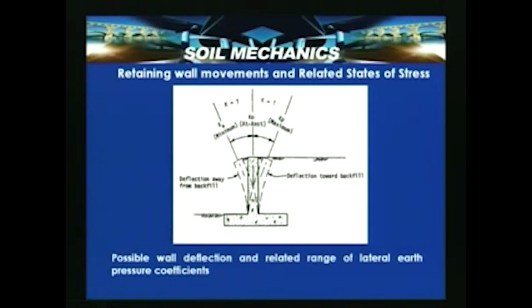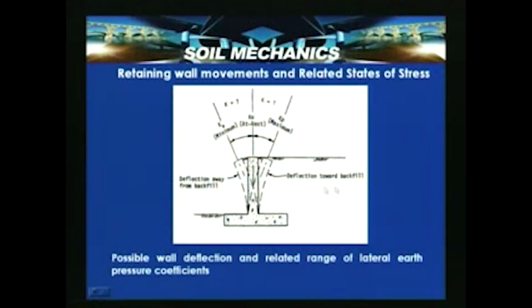Ka is formulated as a function of the friction angle and conditions like a horizontal wall surface and smooth interface, and Kp is the coefficient of passive earth pressure.